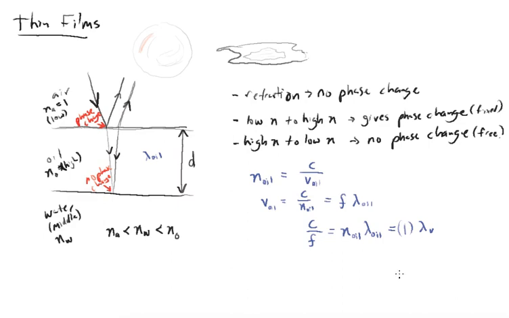Okay? And by doing that, we can basically write that lambda in the oil, what our actual wavelength is in the oil, or what it would become once it got inside the oil, would simply be the wavelength of it in a vacuum divided by the index of oil. And that's what would happen to the wavelength of it as it entered the oil.